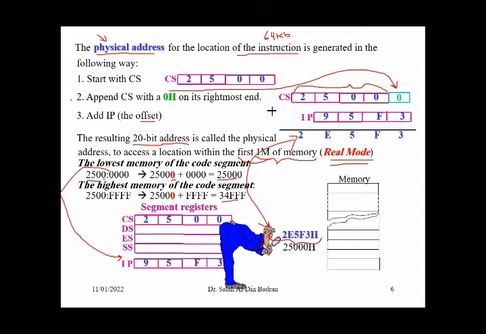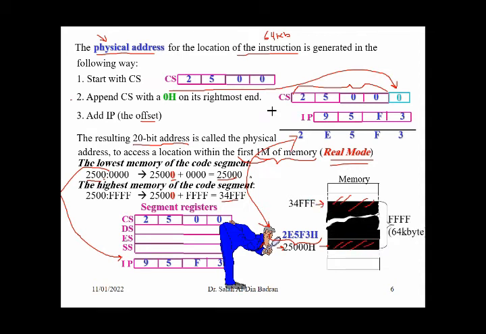Again, we apply the same steps and we get this number, which gives us the lowest or beginning memory, and this is the highest one, somewhere here in memory. This is the address 25000 in hexa, and this one is the highest memory, and the total is the 64 kilobytes that corresponds to 4Fs in hexa.